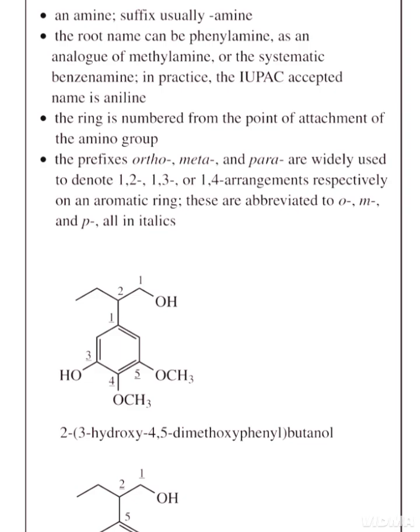They say that we must number the amine, the functional group amino, as number 1, and then we can count the rest 2, 3, 4, 5, 6. If it is aniline, there are 6 carbons that we can number.